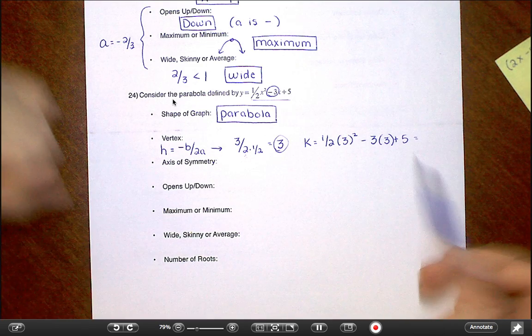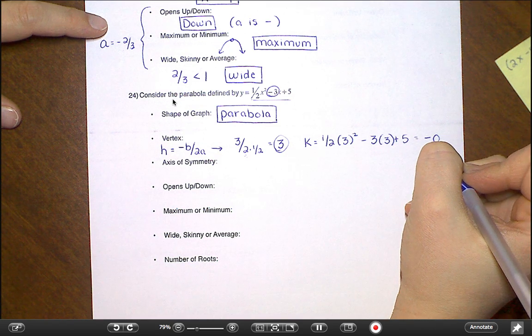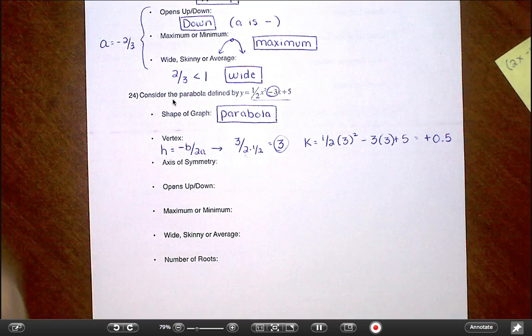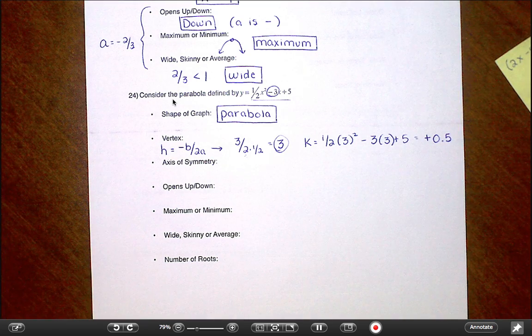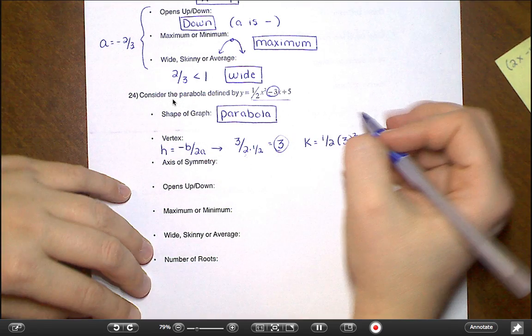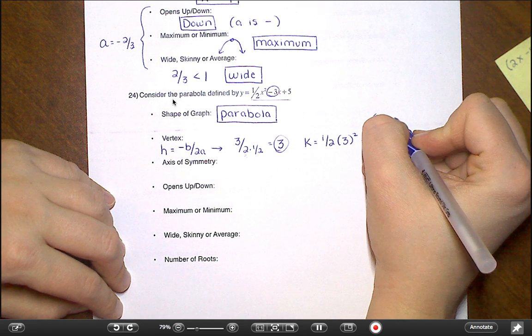I believe that's going to give me negative 0.5. Maybe positive 0.5. Yeah, positive 0.5, sorry. Oh, it's late. Mental math is slipping away. So my vertex is h comma k. So as my answer to this question, I would say my vertex is (3, 0.5).